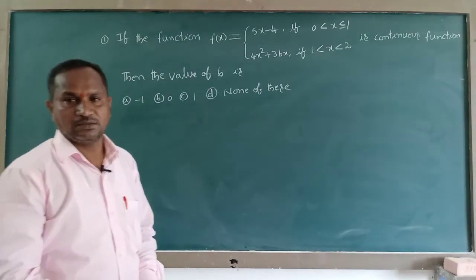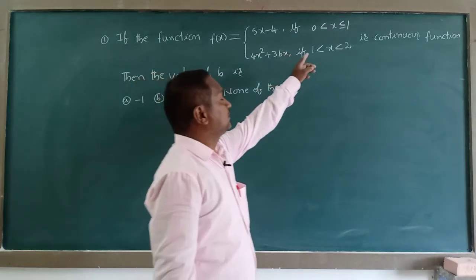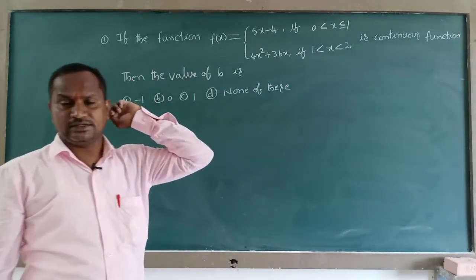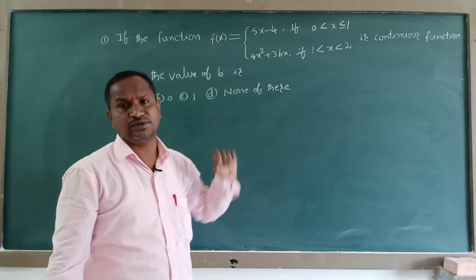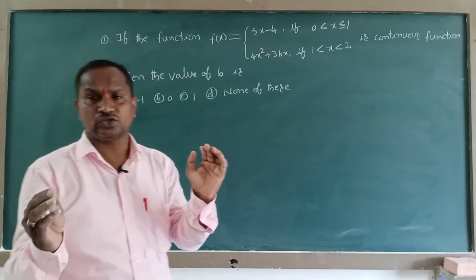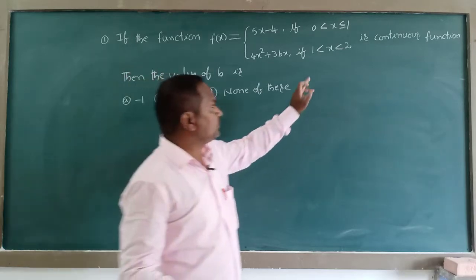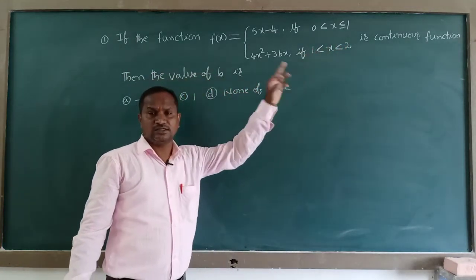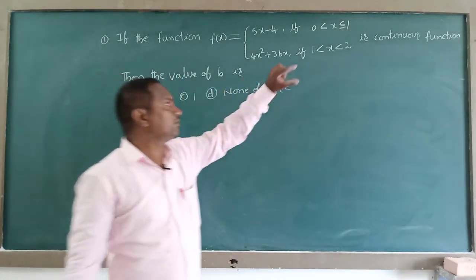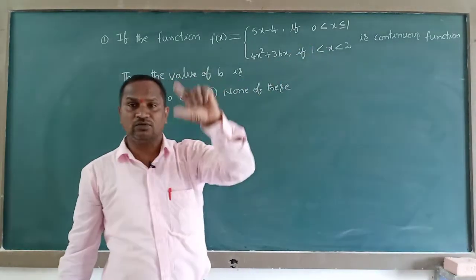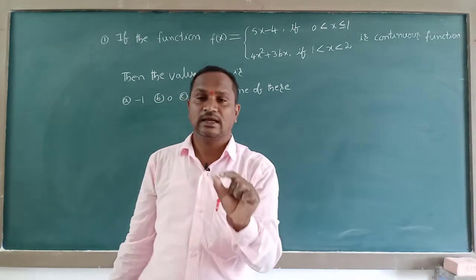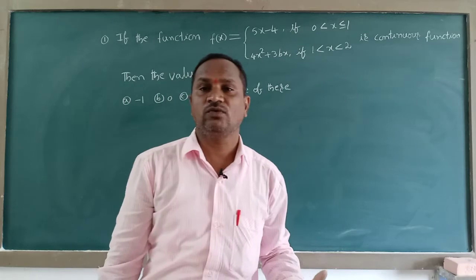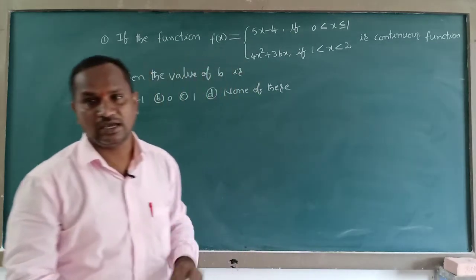They mentioned the symbols less than, greater than and equal to with different numbers. Between the interval 0 to 2, which number comes in both? 1 has come. That's why 1 is common to these two steps. At 1 we must take LHL is equal to RHL. Then easily we can get the value of b here.